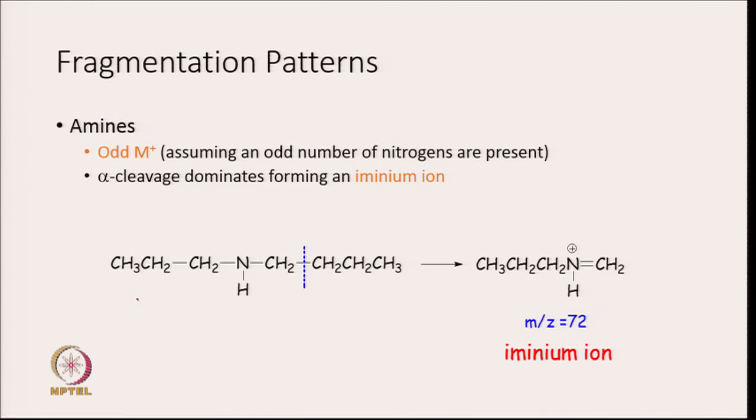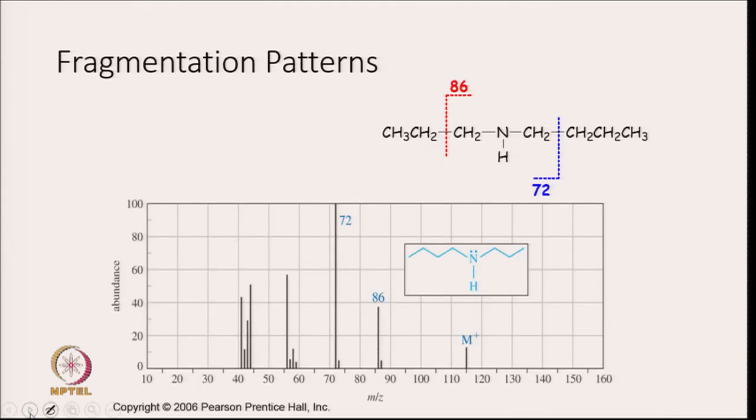So, take this case of an amine, the break will take place at this position, and so your plus charge will be here and this will be resonance stabilized. So, the plus charge will come here and then this will get resonance stabilized, and you will get an iminium ion at m by z value of 72.